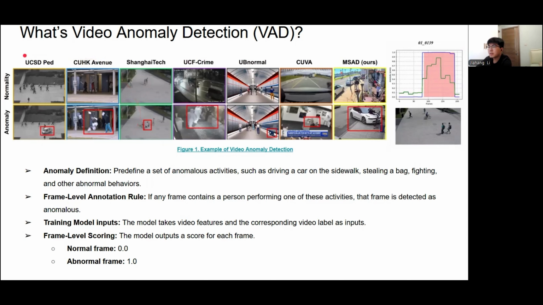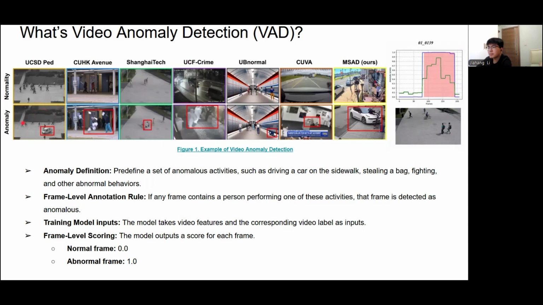And here are some example datasets used for VAD tasks. These datasets predefine a set of abnormal events, such as driving a car on the sidewalk, stealing a bike, fighting, and other abnormal behaviors. If any frame contains one of these events, we consider that frame to be anomalous.